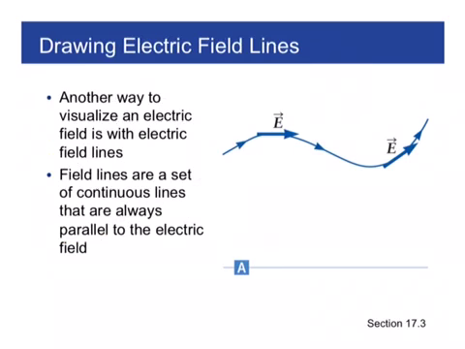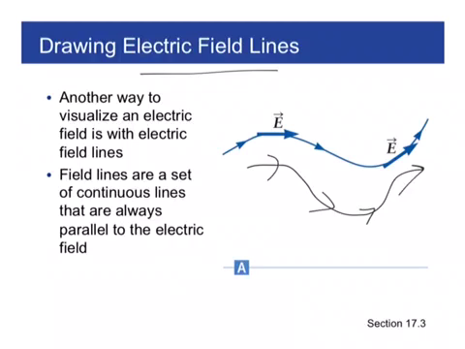We already used electric field lines in showing the field lines of a point charge, but if you have a combination of charges, then the line could be not just a straight line, could be something wiggly, like in these pictures. And this is just another way to visualize electric field lines.